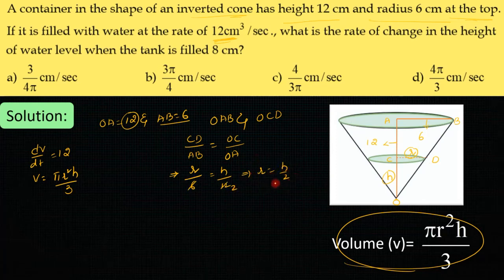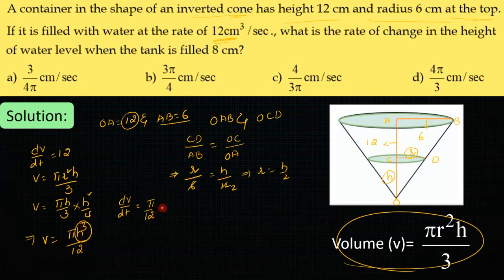Now substitute R equal to H by 2 in this. We get V is equal to pi H by 3 into R square, that is H square by 4. This implies V is equal to pi H cube divided by 12. Now differentiating with respect to t on both sides, we get dV by dt is equal to, here pi by 12 is constant.